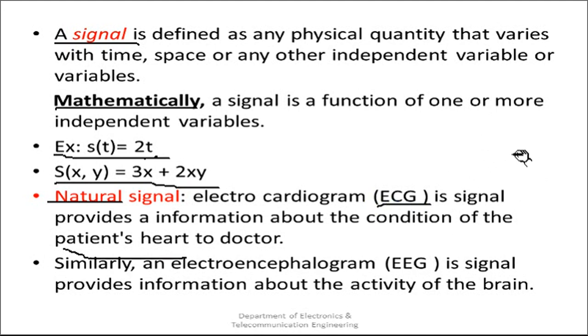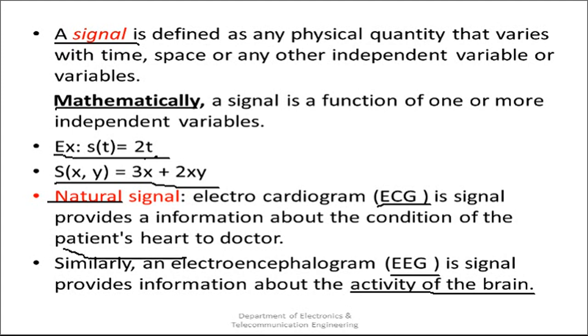Based on their amplitude and the nature of variation, these waveforms are monitored and give the information about the condition of the heart. Similarly, there is one more signal that is called EEG. EEG means electroencephalogram. This signal provides information about the activity of the brain, whether the brain is working sharply or not, or whether it is slowed down. All these things will be monitored with the help of the EEG signal.